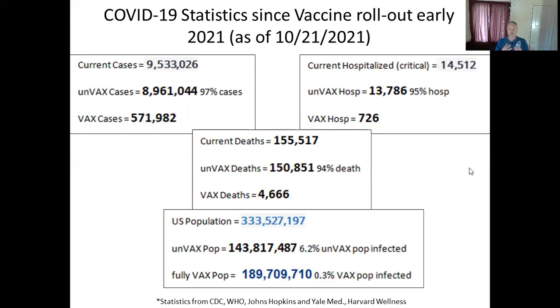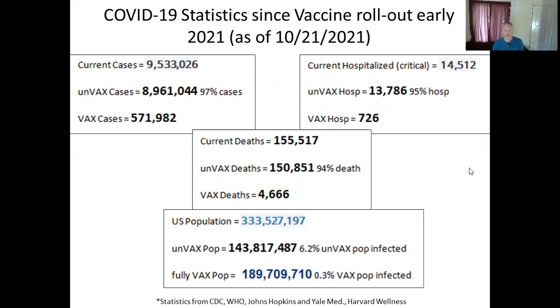Bringing us up to current issues, current data, and things that are going on in the world now, or at least in the United States now. We're looking at statistical values here since the vaccine rollout. There's all kinds of controversy about the vaccine.